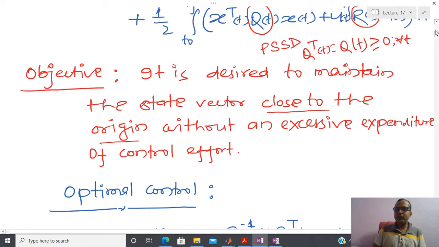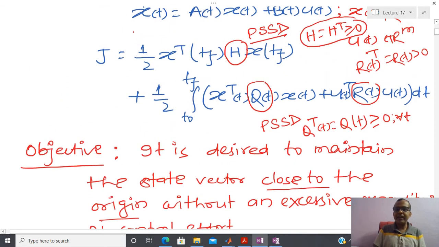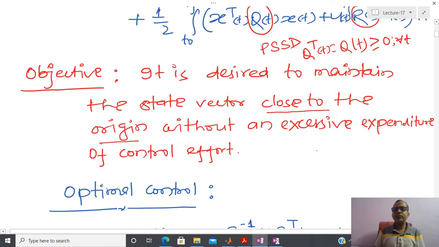In that situation this particular part is not present, and if I have to maintain it close to the origin, then this part also comes into the picture. And what is our assumption? I do not want to use an excessive amount of control, so our control expenditure is also optimal. We have to take care of that.